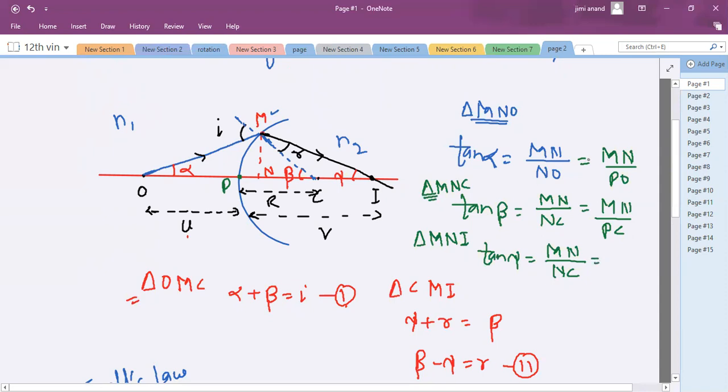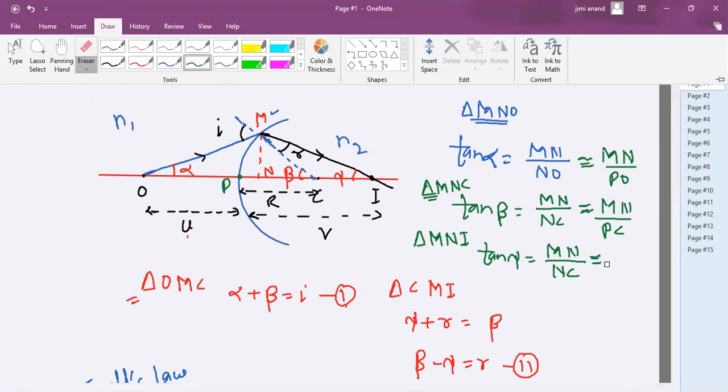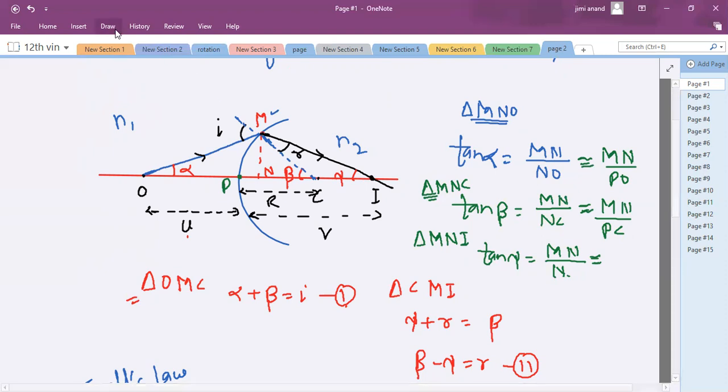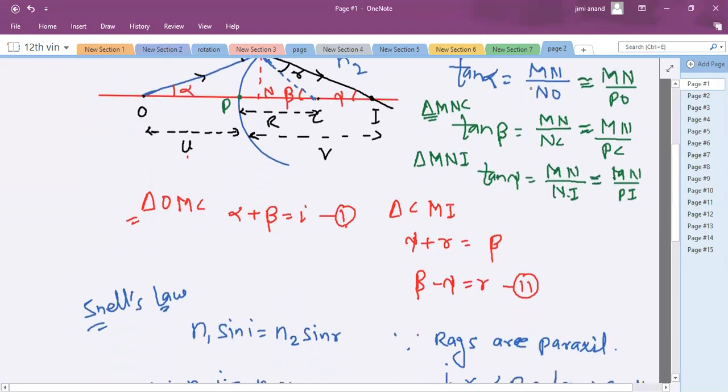Here also, not NC, that is not correct, this is NI. So we can say that it is MN upon PI. So we have got tan alpha, tan beta, tan gamma.